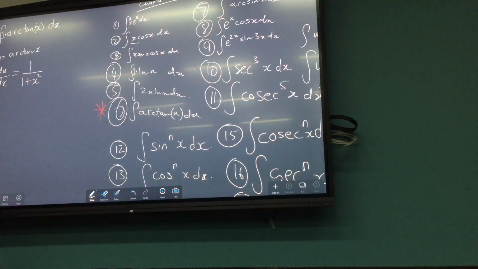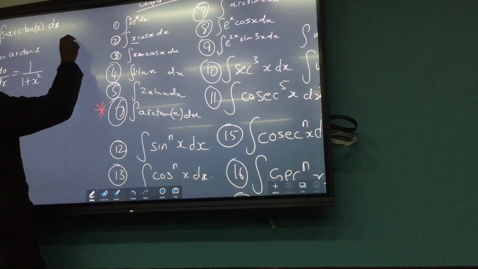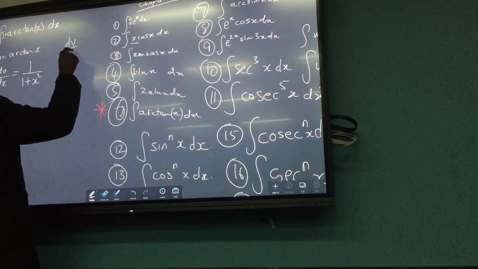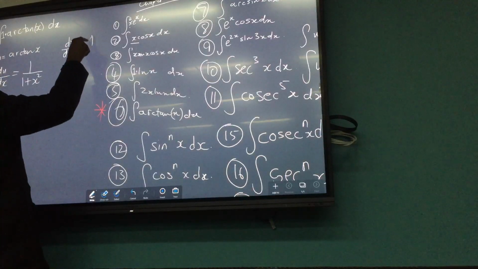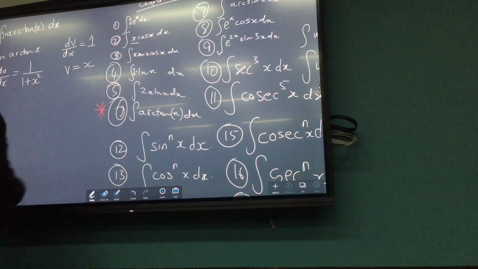Remember the derivative of arctan is 1 over 1 plus x squared, right? And then dv dx becomes what we didn't choose as u, so dv dx is going to be 1. v is going to be x, right?